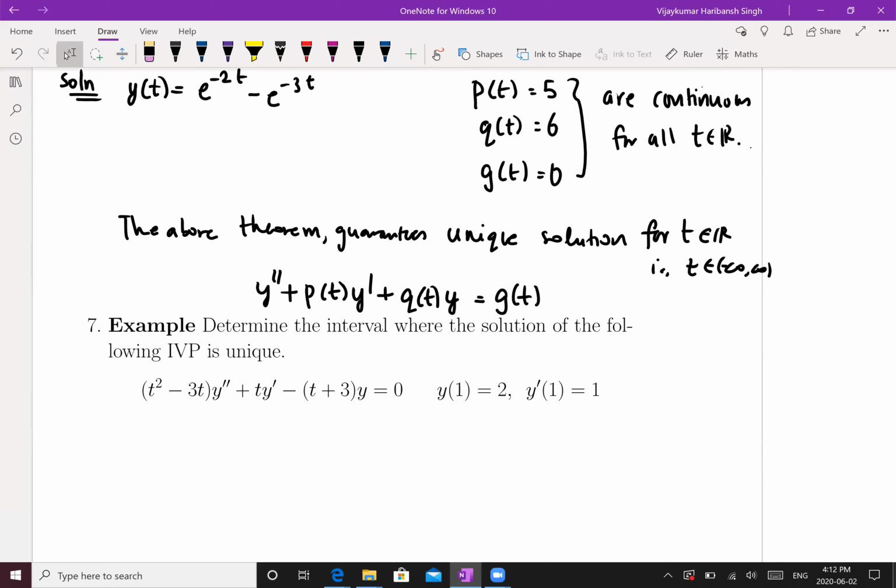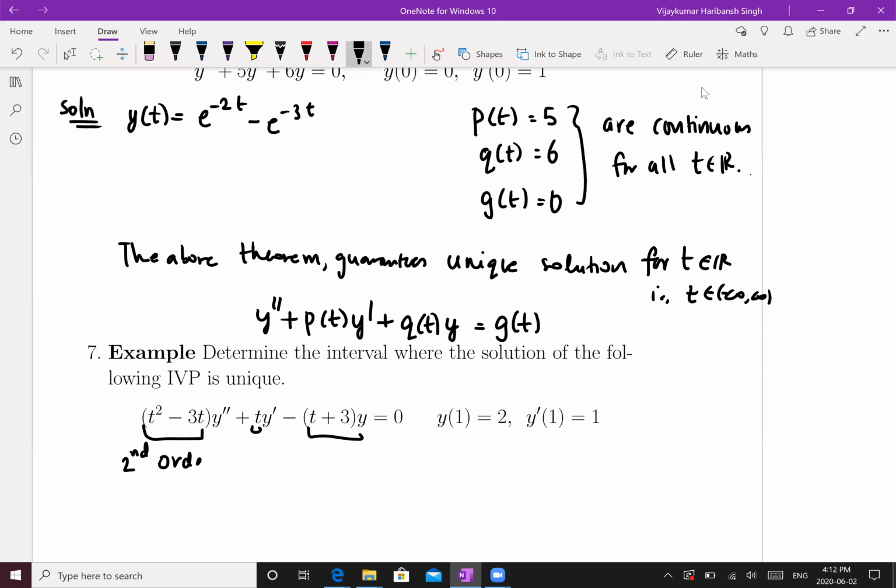Yes, it is a second order linear differential equation. And this makes it homogeneous, but that's not needed, because our theorem does not need this to be homogeneous, so we won't care about that part.